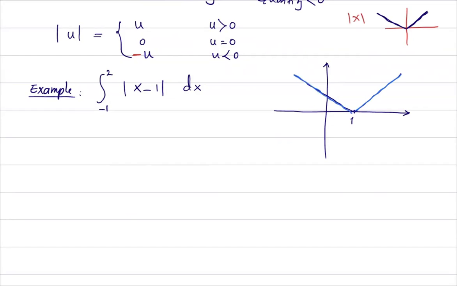So what's the breakdown of this absolute value? The absolute value of x minus 1 is, if x minus 1 is positive, you get x minus 1 back. If it is equal to 0, you get 0 back. And if x minus 1 is negative, you get negative.